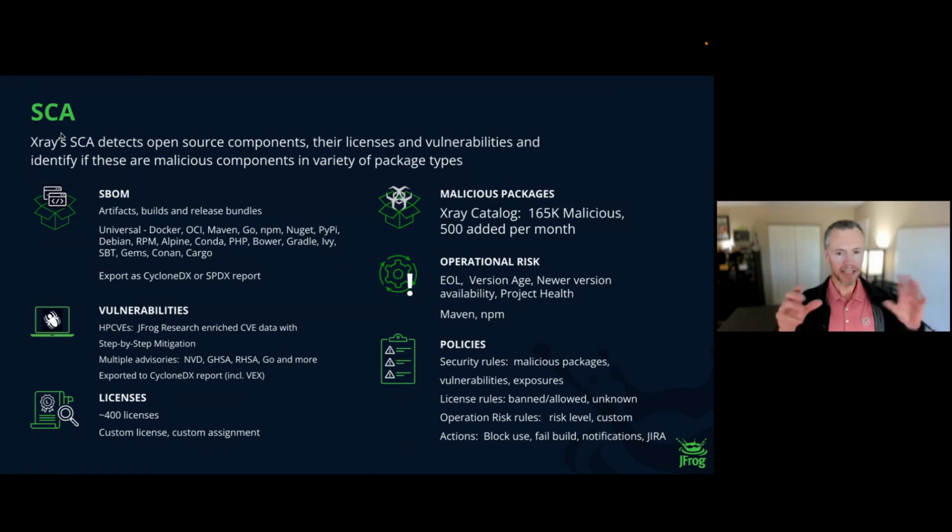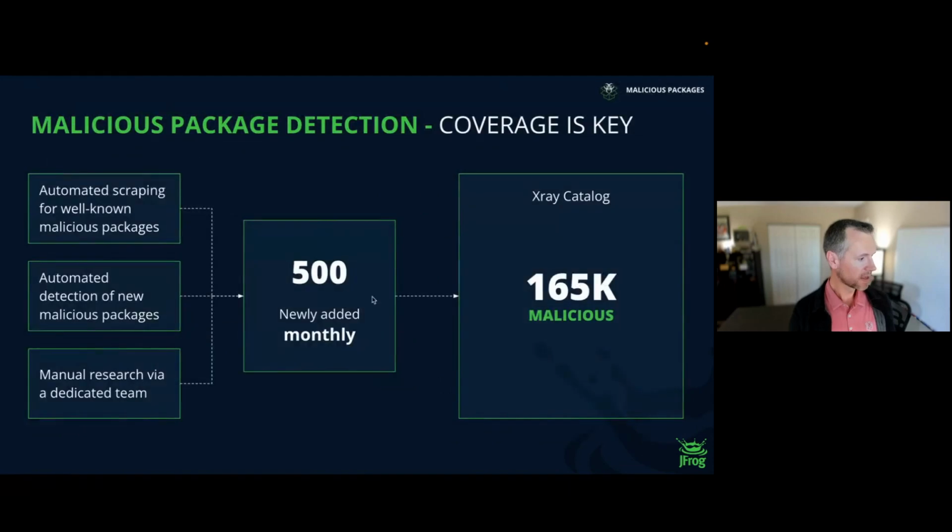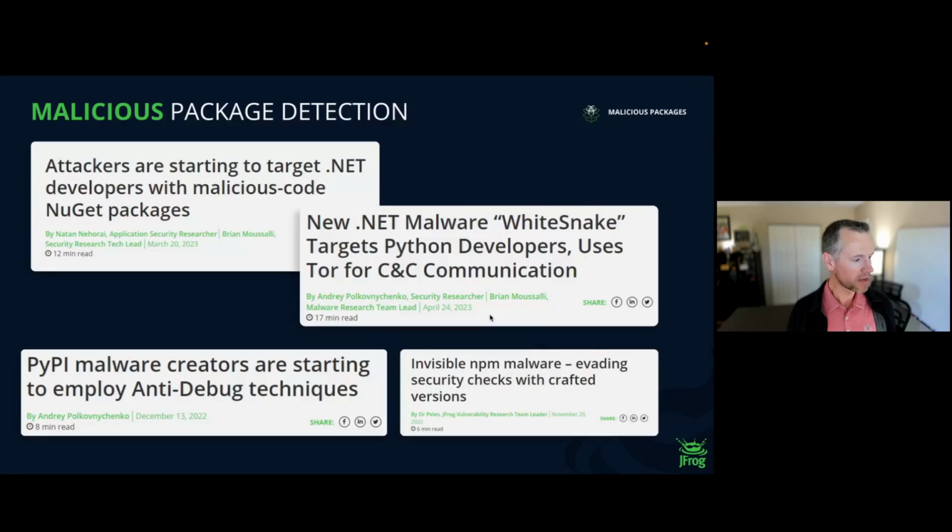And this helps us identify what are all the pieces that are making up this software, and does this meet our defined policies? So detecting malicious packages is key. And JFrog here, we have a catalog of over 165,000 malicious packages. And this is really driven by our research team.